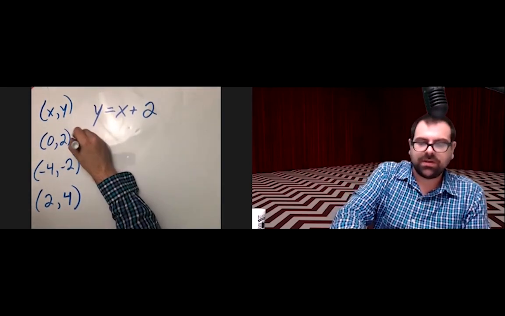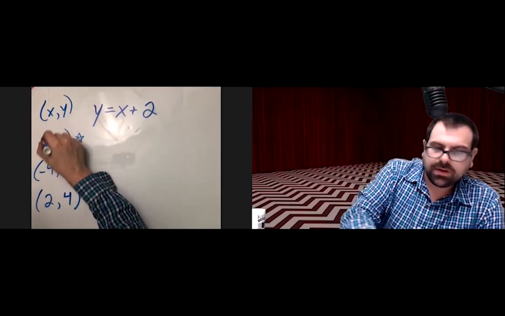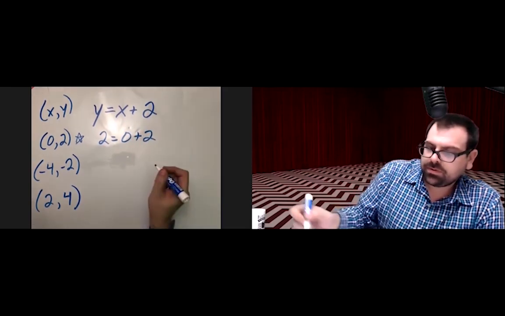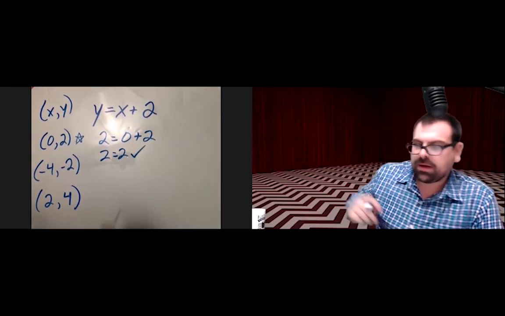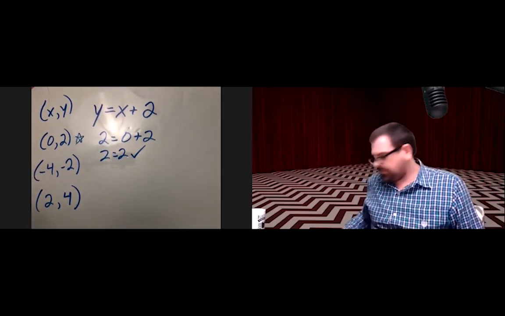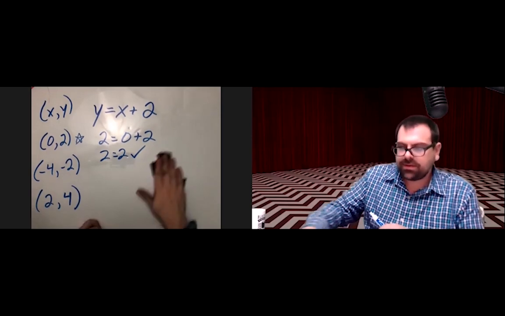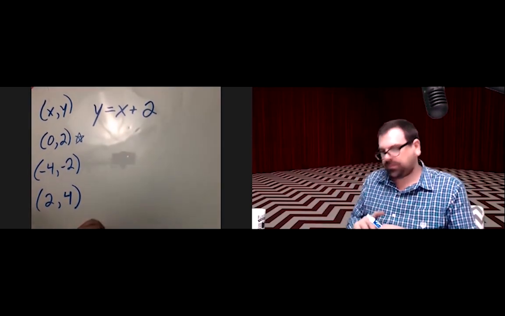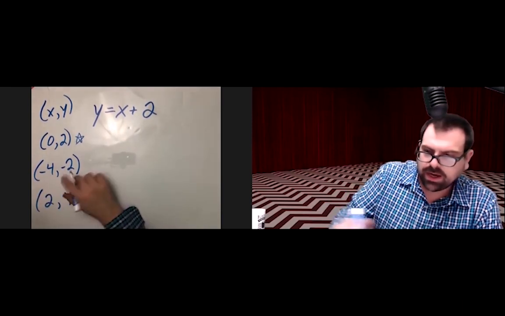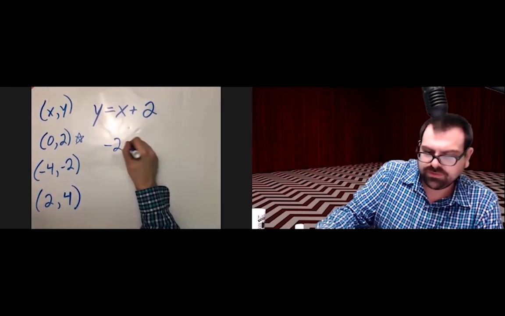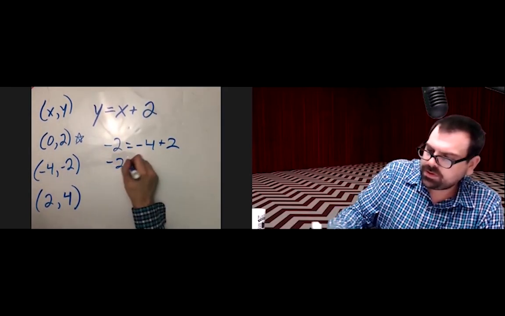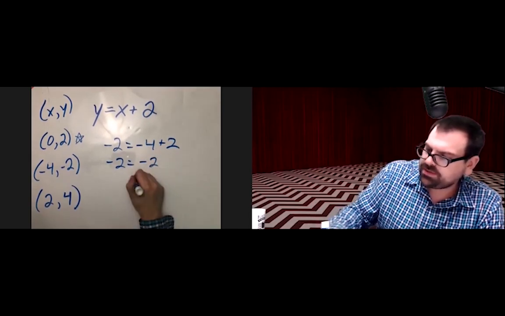So let's test this one. X is 0, y is 2. That one's true. So that is a solution. Let's test the second one. X is -4, y is -2. So -2 equals -4 plus 2. -4 plus 2 is -2.